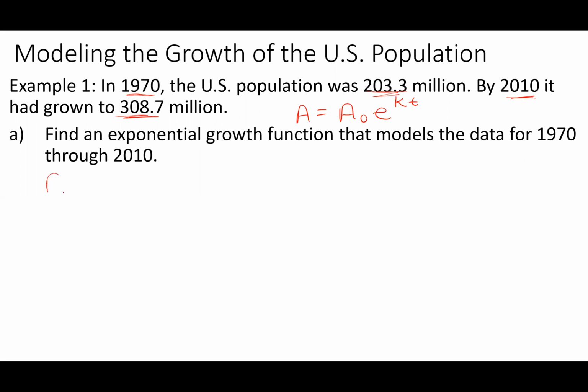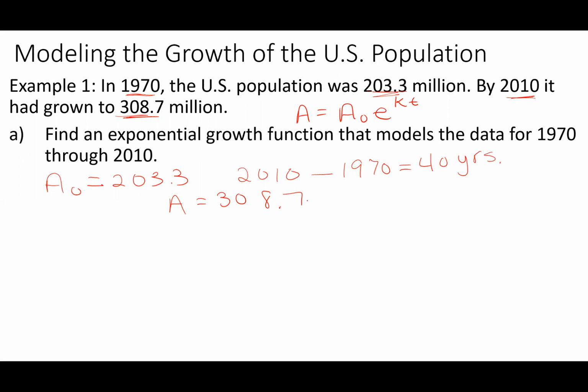I know that my A sub 0, or my original, was 203.3. 2010 from 1970 tells me 40 years has elapsed. After 40 years, my A is 308.7 million. Oop. That's my point in the wrong place there, huh, guys?